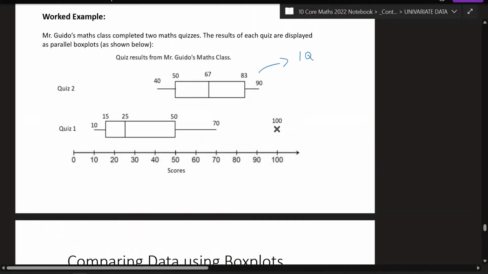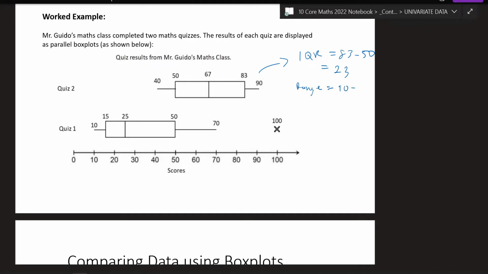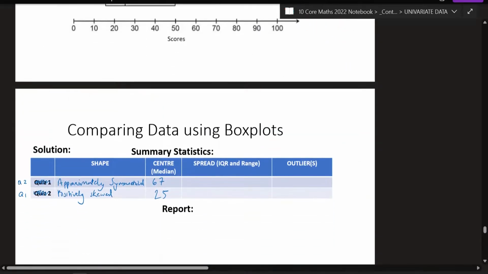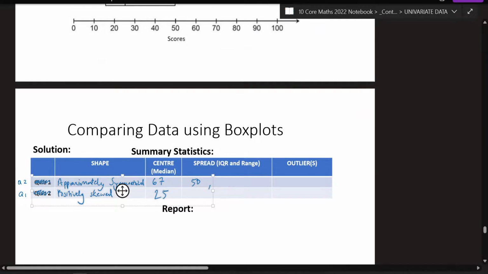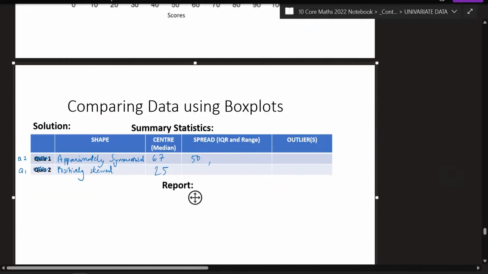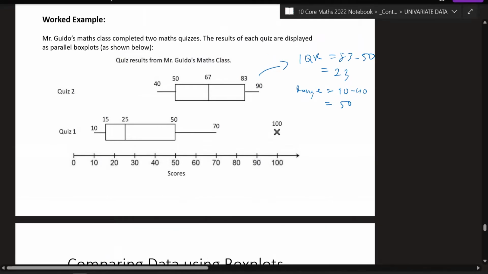For Q2, the IQR is going to be 83, take away 50, which is 33. Sorry, the range is maximum minus minimum, 90 minus 40, which is 50. Thank you for that.